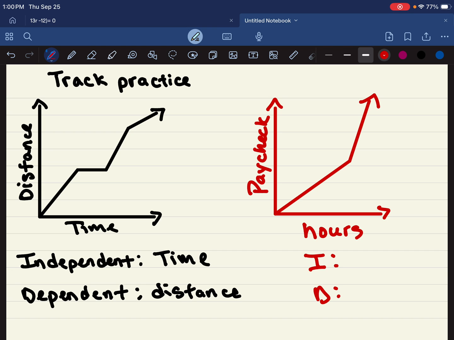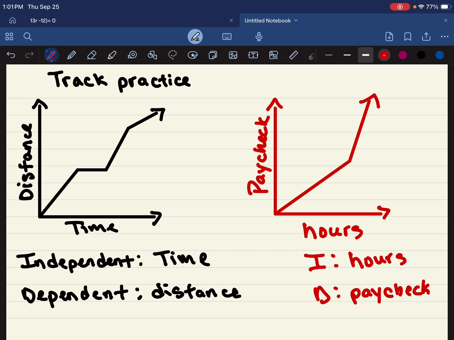What would be my independent variable here? Hours, because it's what value? X. That means dependent would be paycheck, right? Now, this should make sense to us, especially if you ever worked a job. Does your paycheck depend on how many hours you work? Yes, right? If I work less hours, what happens to my paycheck? Less money. If I work more hours, more money, right?